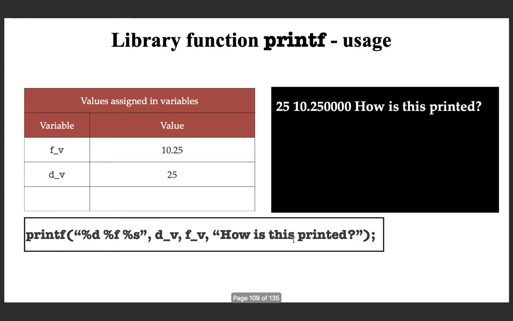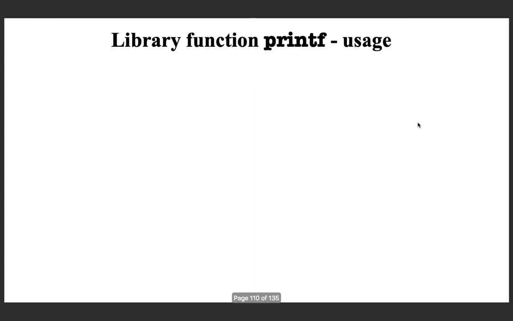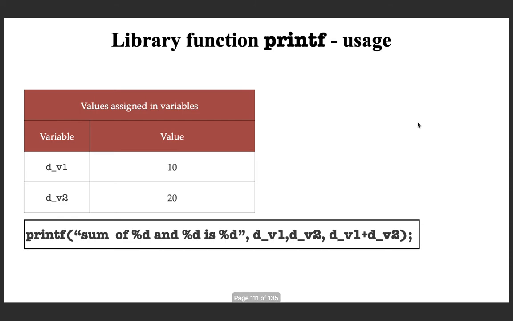If you execute, you will get this 25, which is the first variable, decimal, a space because of this space here, then a floating point value followed by a space. After that, this string is getting printed. Another use case, here you are saying, okay, sum of %d and %d is %d.